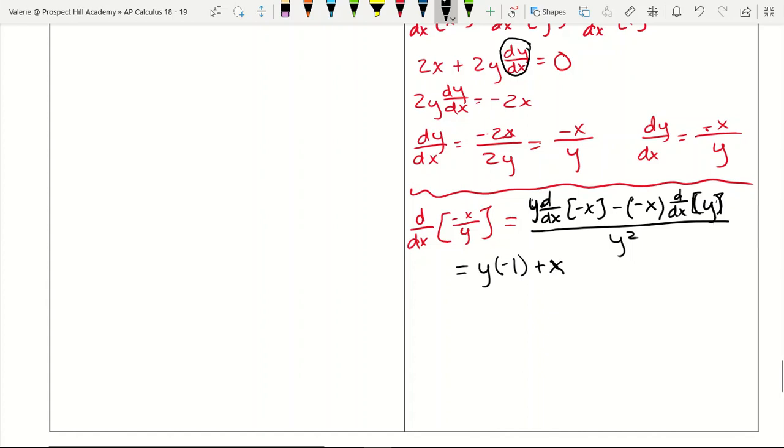Derivative of y is 1 dy/dx all over y squared. So we'll simplify that out, and we get -y plus x dy/dx all over y squared.